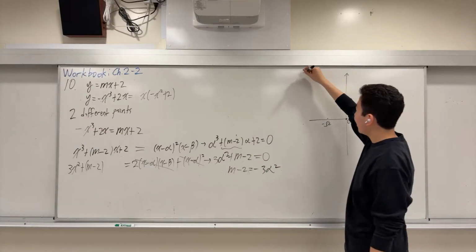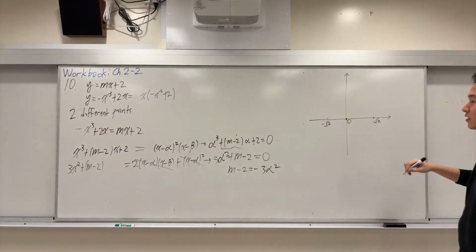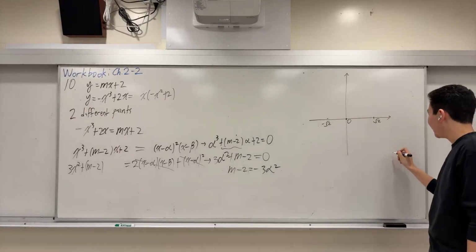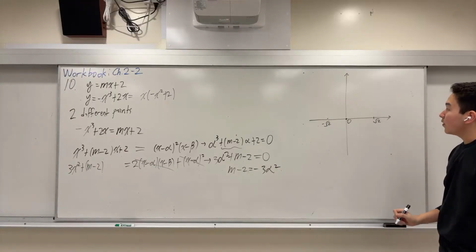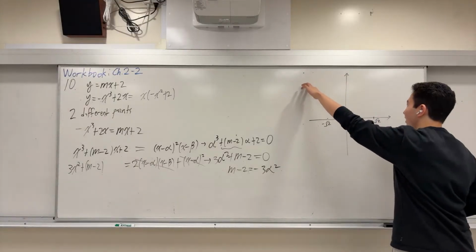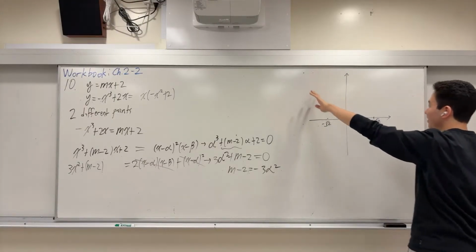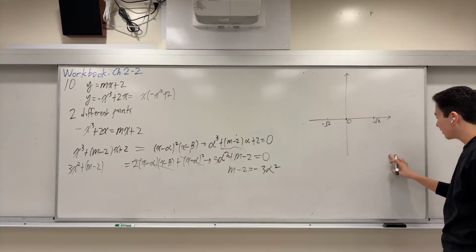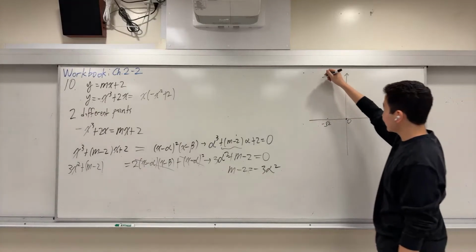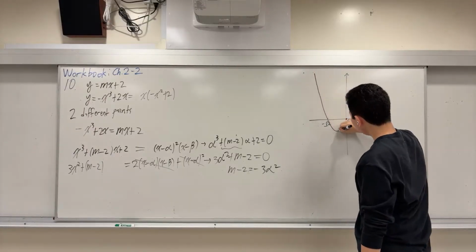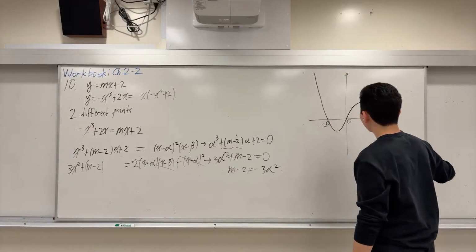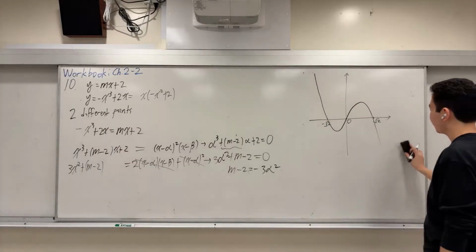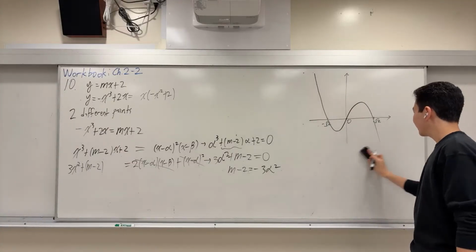So we start from a very high positive number, and then as we go to positive infinity, we should get a very small negative number. So in this process, it has to start from a very high number, decrease, pass through these points, and then go down to negative infinity, essentially. So this is what our graph will look like. It will sort of look like this. Of course, we're only making predictions now. In the next chapter, we'll formally learn how to deal with these things.